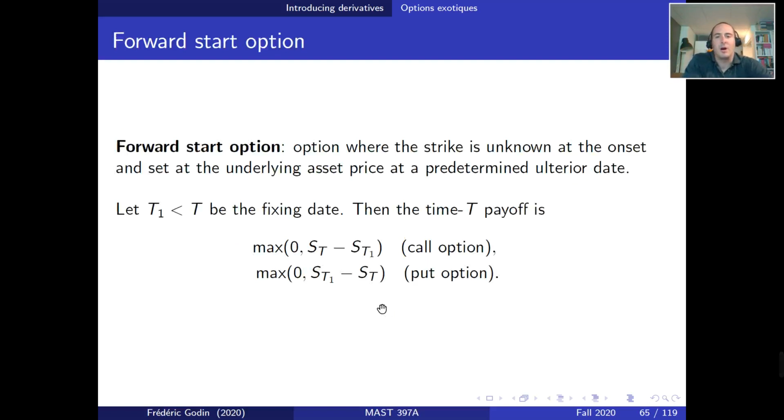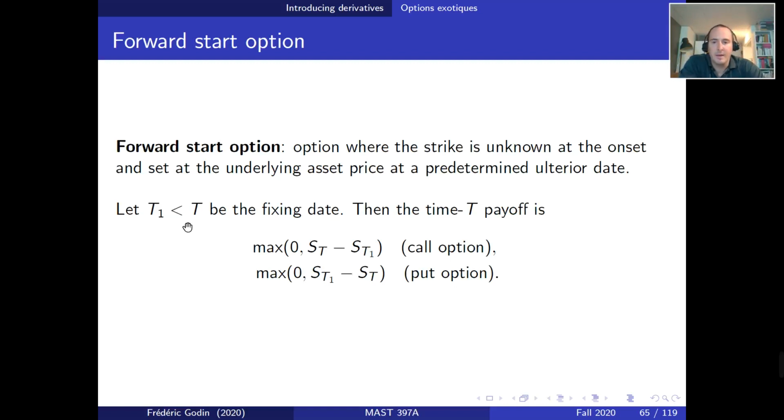There are also what we call forward start options. These are options where the strike is unknown at the inception of the contract, and both parties agree that the strike price will be set at the underlying asset price at a predetermined subsequent date.